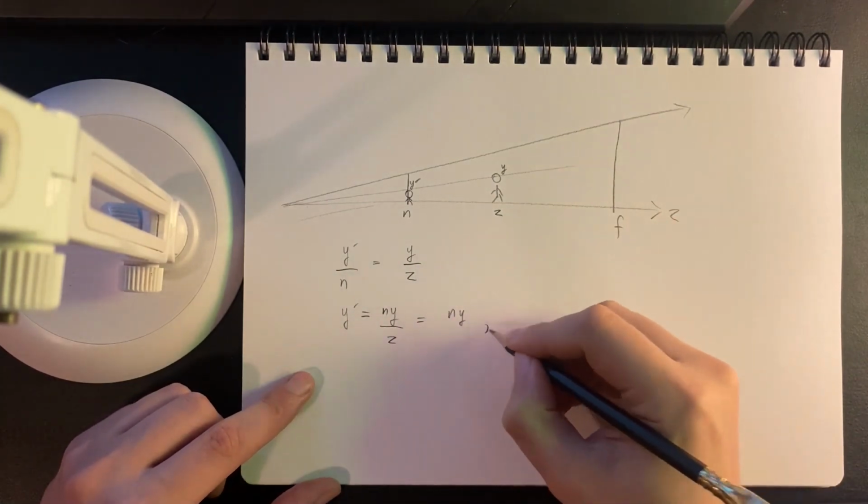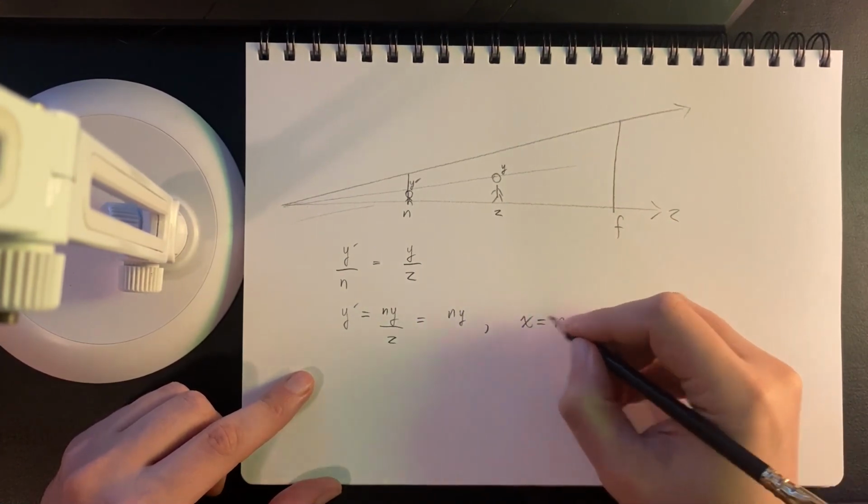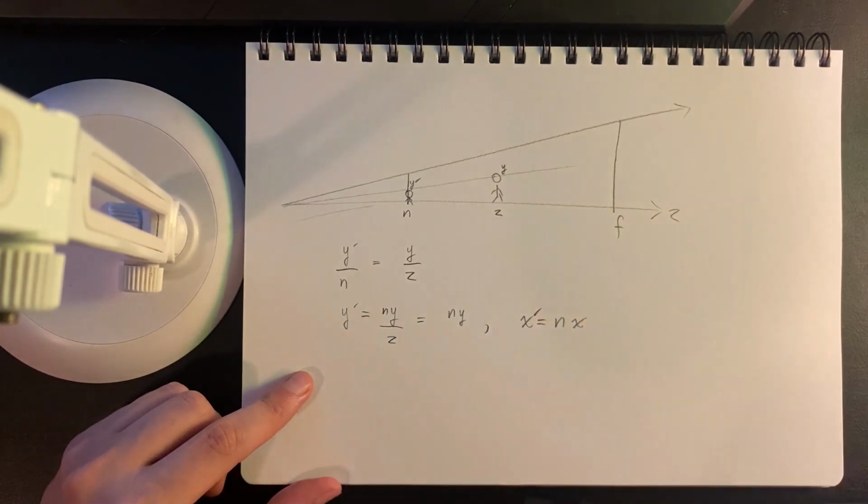Right, and similarly, we get that X dash is equal to near times X. But then we need to take into account the Y maximum.